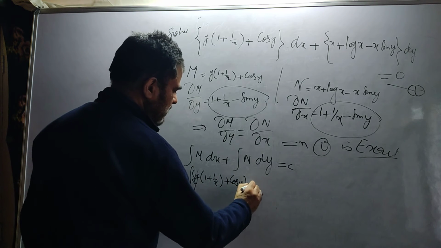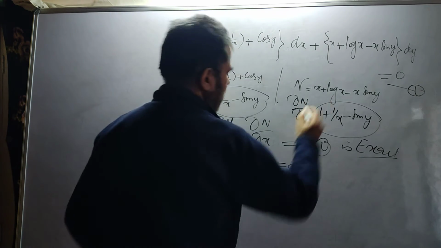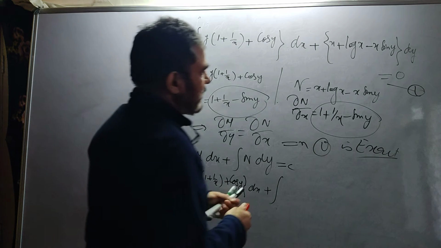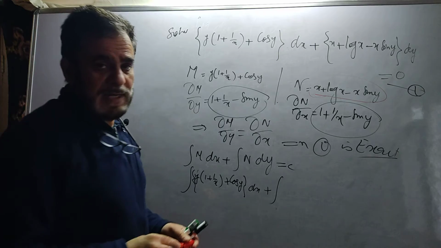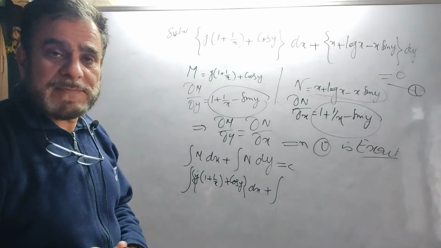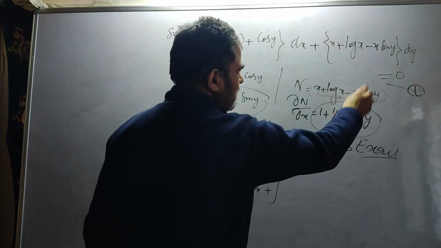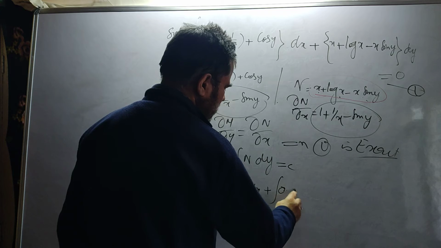This is our dx. Integral of, look here, N. This is my N. I have to write down terms which are free from x. First term involves x, second term involves x, third term also involves x. So I can write this as 0 dy.